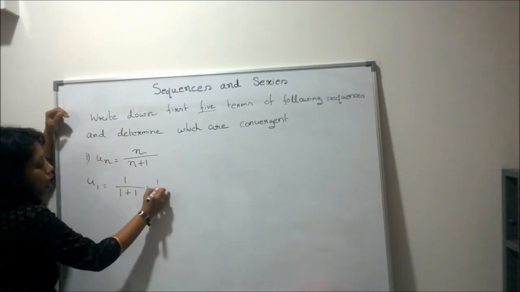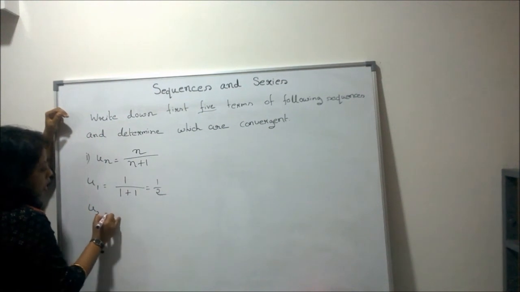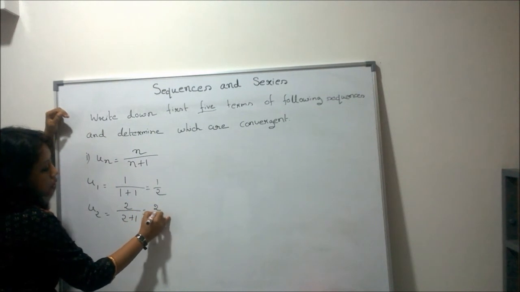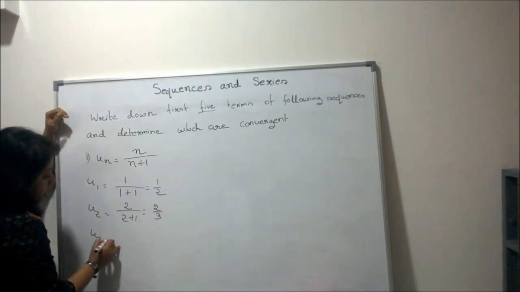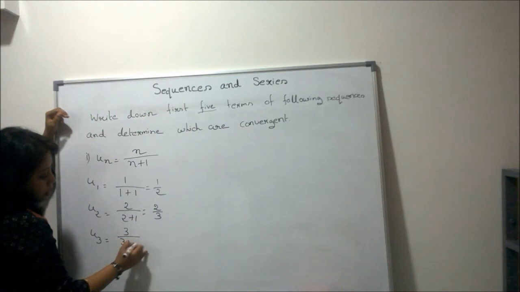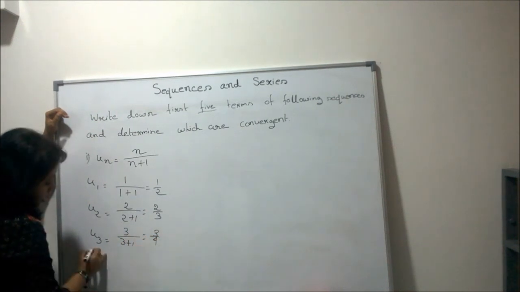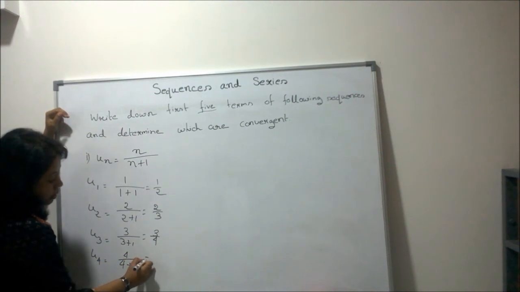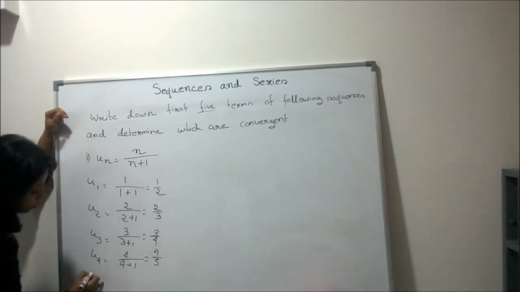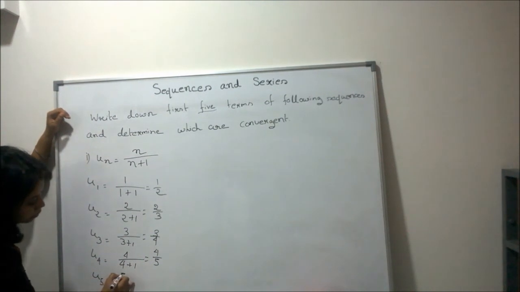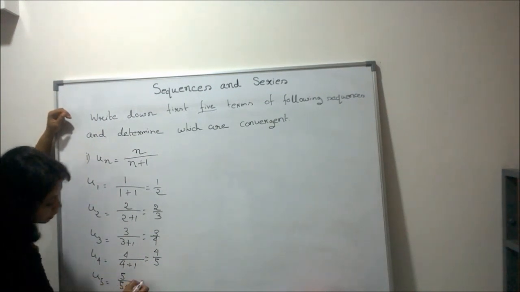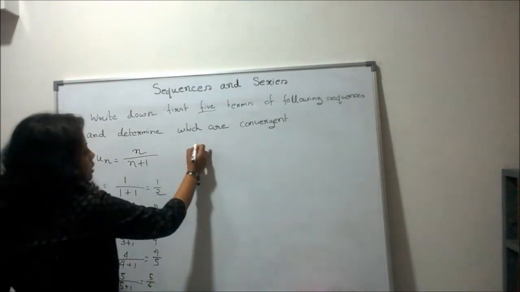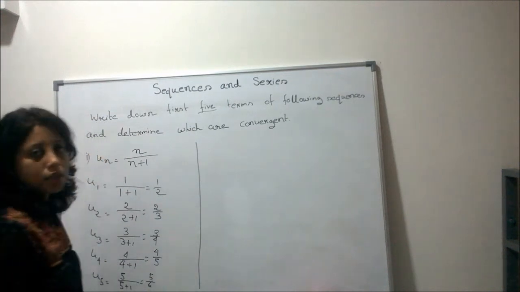So that is half. u2 is 2 by 2 plus 1, that means 2 by 3. u3, 3 by 3 plus 1, that is 3 by 4. u4, that is 4 by 4 plus 1, that means 4 by 5. u5, that is 5 by 5 plus 1, that means 5 by 6. That's all. Now the next problem, whether it is convergent or not.